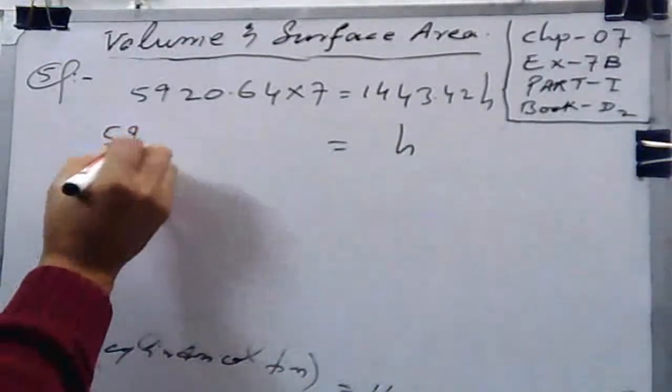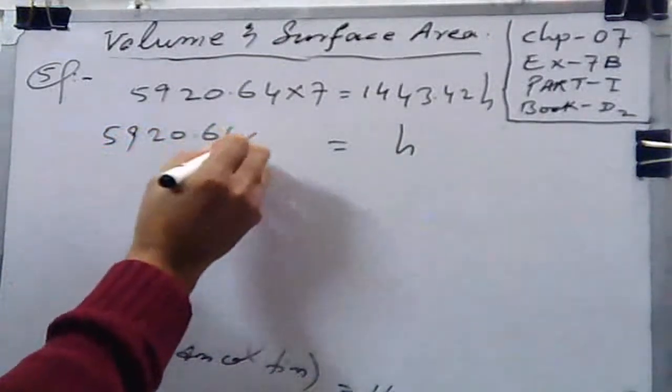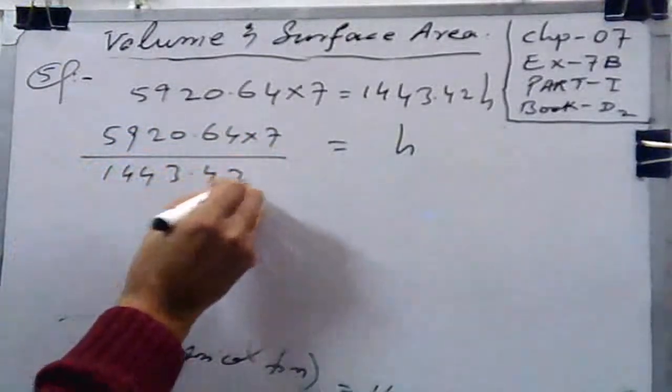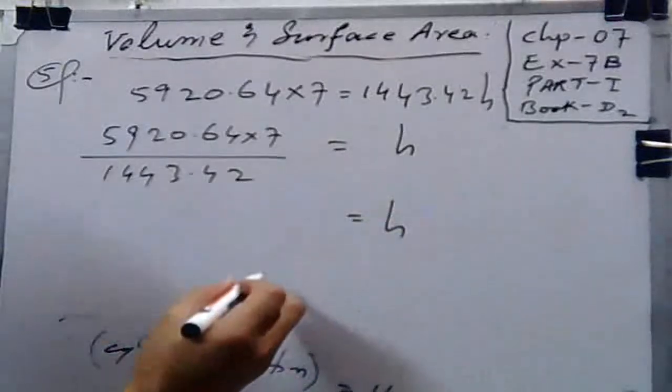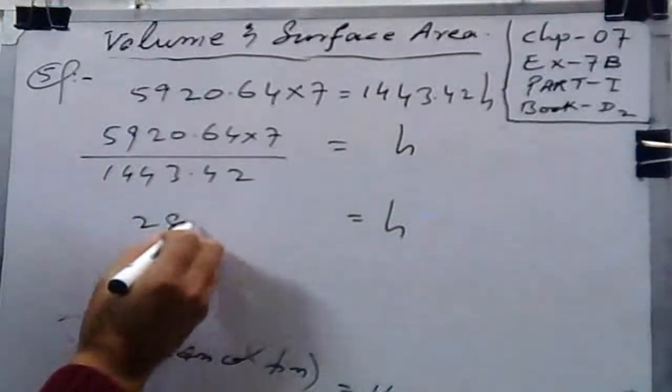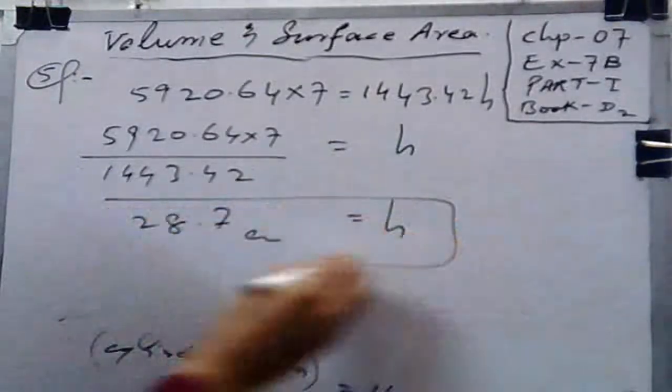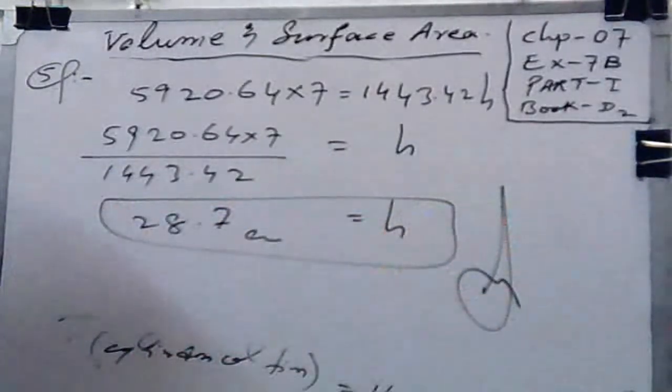So you can see that multiply by 7 divided by 1443.42, so the value of h is 28.7 centimeter. So that is your required result.